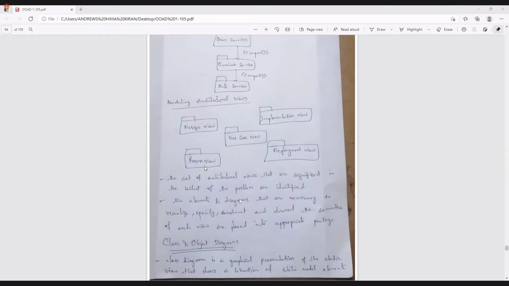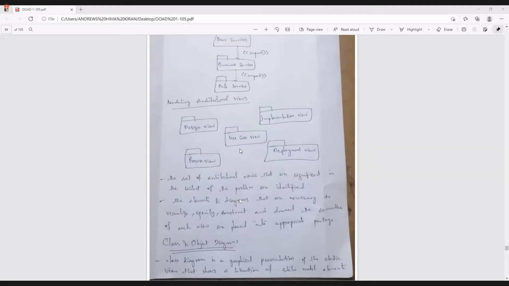Next, design view. After gathering the requirements, what is the next view? The procedure will be transformed into the design view. That means writing the blueprint of the system, the blueprint of the model or the design.